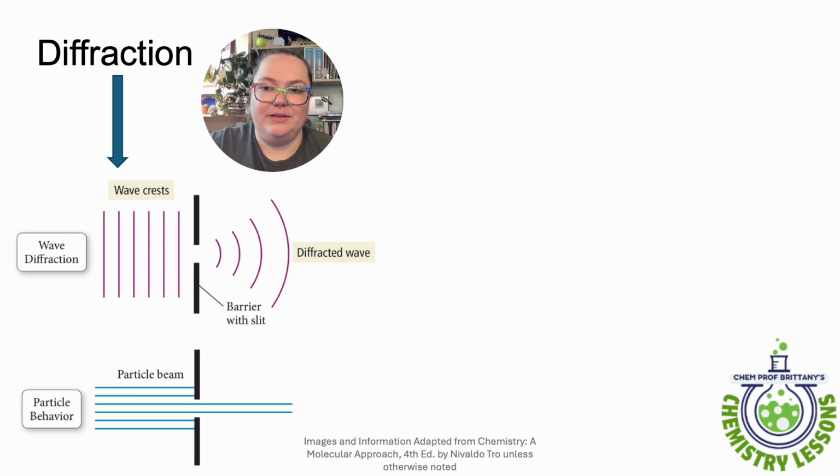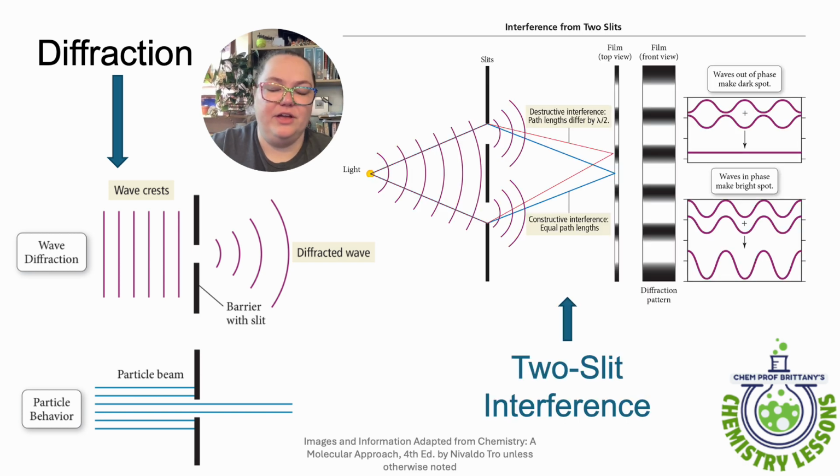If something is behaving like a wave, what we get is these waves come through, we get a bend of the waves, then they go through these slits, and we end up with this overlap of our waves. So where the waves add together, we get these bright spots.